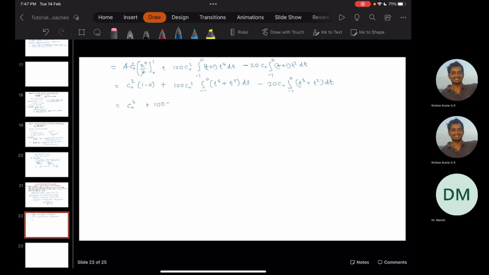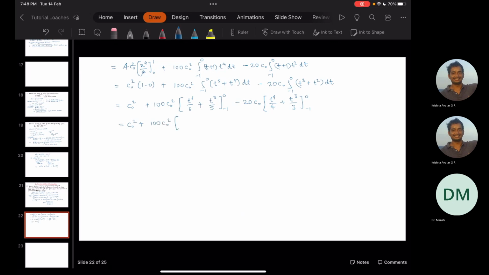Plus 100 c naught squared into the integral of t to the power 4 plus t to the power 5, which is t to the power 5 by 5 plus t to the power 6 by 6, from minus 1 to 0, minus 20 c naught, and it is t to the power 4 by 4 plus t cubed by 3, from minus 1 to 0. So we have c naught squared plus 100 c naught squared.